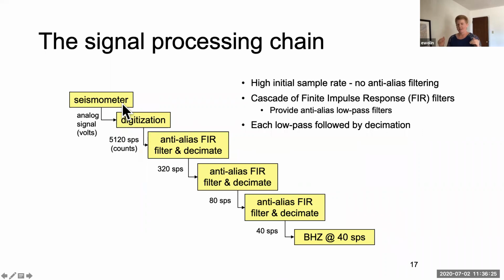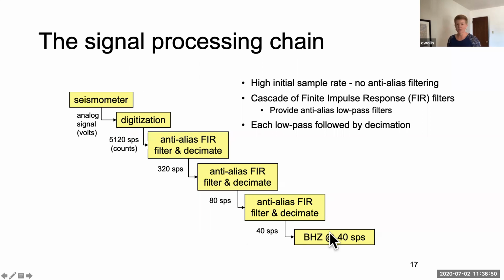But let's talk about the process of taking that analog voltage from your seismometer and actually turning it into a digital signal. So we start with our analog signal, and this goes into your digitizer, and it is sampled at an extremely high sample rate to begin with. And then it is filtered and decimated down to a lower sample rate.